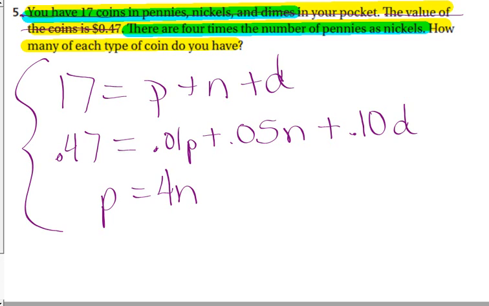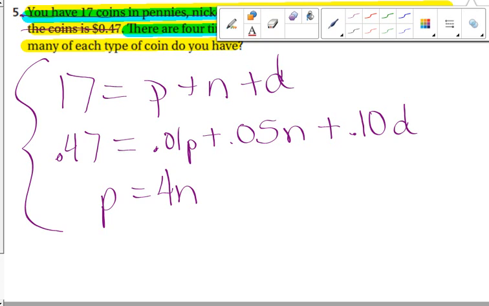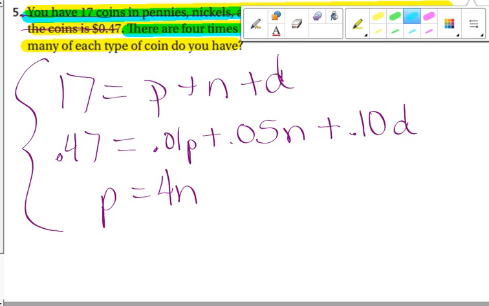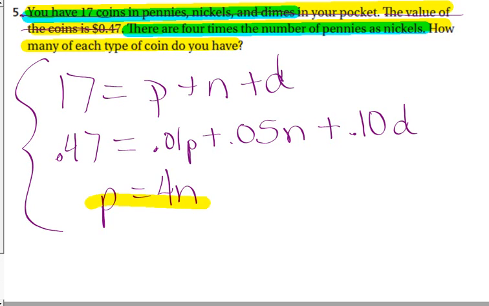So it looks like because of this one equation, the pennies equals 4 times the number of nickels, we can use this easily in substitution on equations 1 and 2. So let's first do that. Let's substitute.